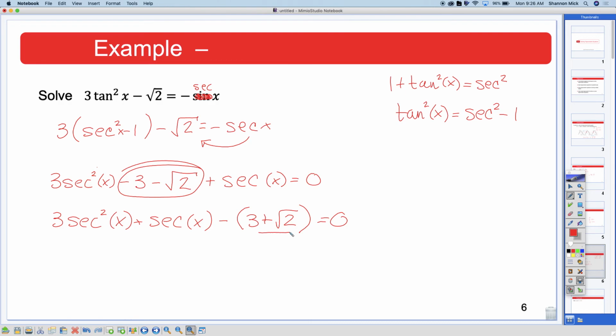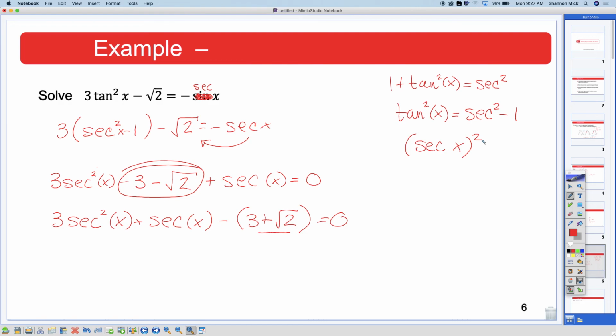Remember that the secant squared is really secant x, quantity squared, yes? Okay.